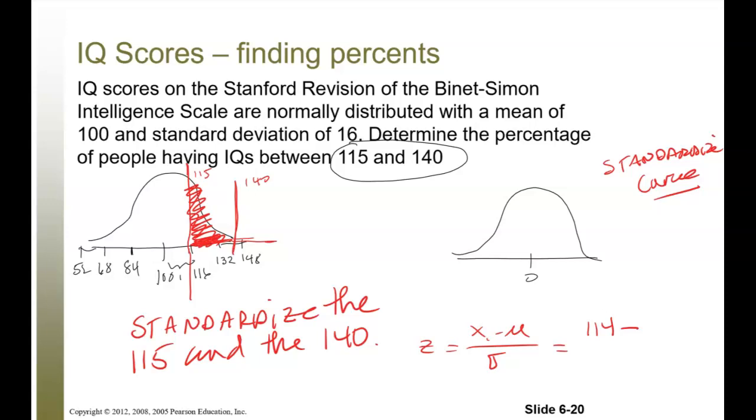It has a mean of 100, so my mu is 100. And my standard deviation is 16. So use your calculator real quick and get that value. I get 0.875.